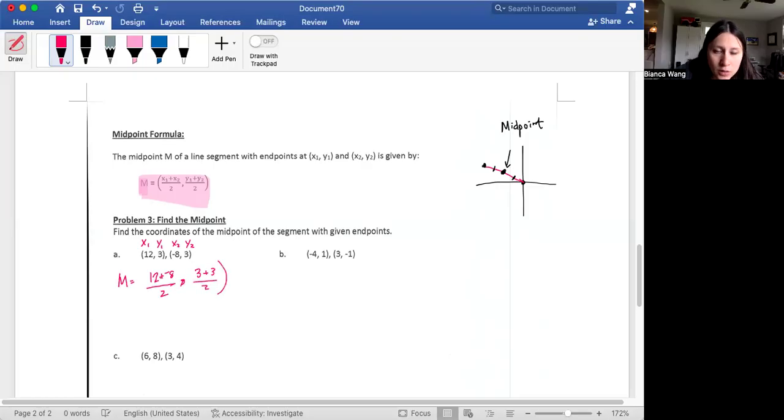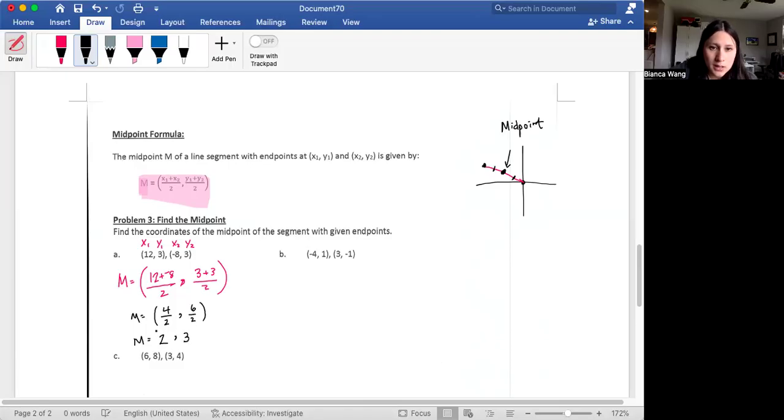Just be really careful because it's easy to mix up these formulas. This one we're adding. We're adding the 2, not subtracting the 2. So 12 plus -8 is 4. 4 divided by 2, comma, and then 6 divided by 2. Simplify. The midpoint is 4 over 2 is 2. 6 over 2 is 3.